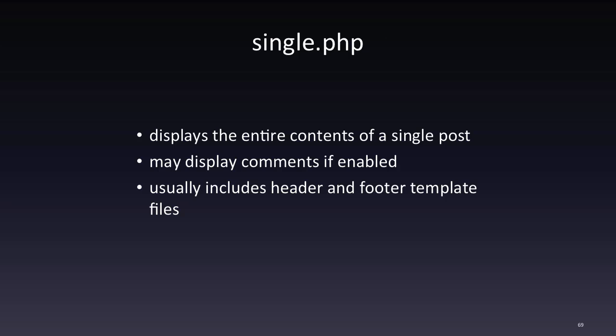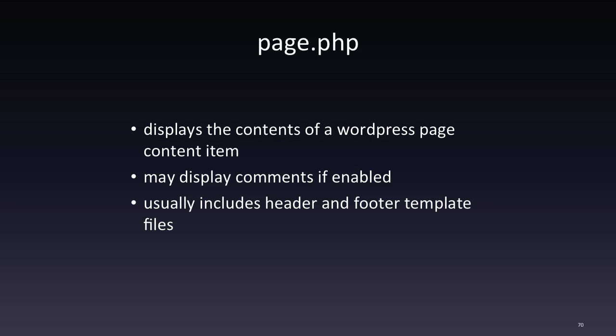So when you navigate to that URL, the template it will attempt to load is called single.php. If that doesn't exist, it will just revert back to the index.php file. So it displays the entire contents of a single post, and it may display comments also if enabled. And again, it usually includes the header and footer template files as well.